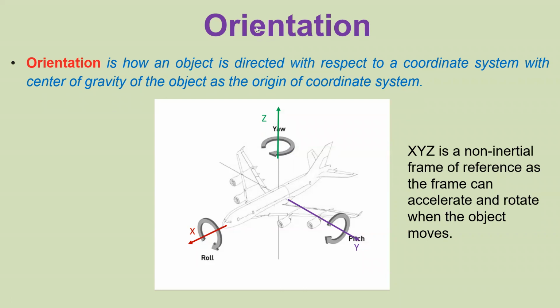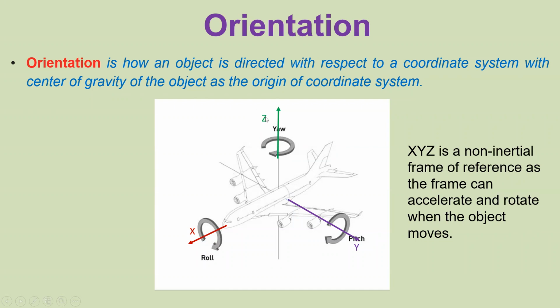If it is an inertial frame of reference, then that frame of reference is either fixed or moving at constant velocity in a linear direction only. But in a non-inertial frame of reference, it can linearly accelerate or it can rotate.